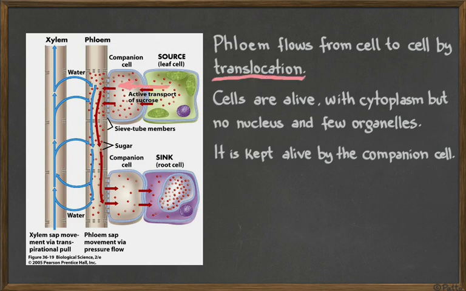And the idea is that the source, which is a leaf in this case, is going to be pushing chemicals, sugars mainly, into the companion cell. This is done actively, it requires energy, okay, it's an active transport. The companion cell is going to be pushing those chemicals, those sugars, inside the phloem cytoplasm.